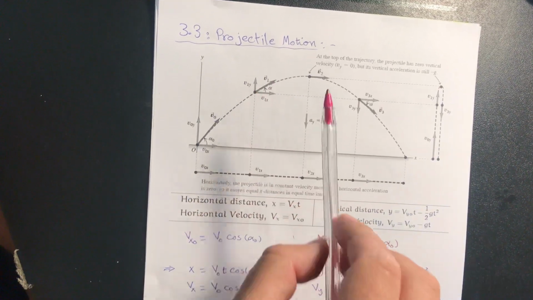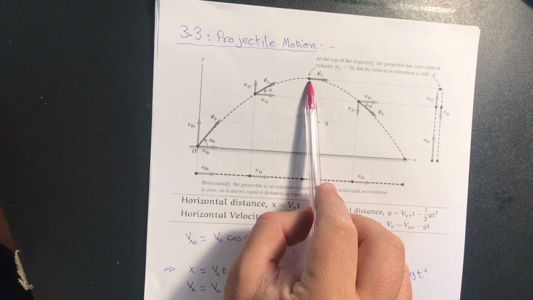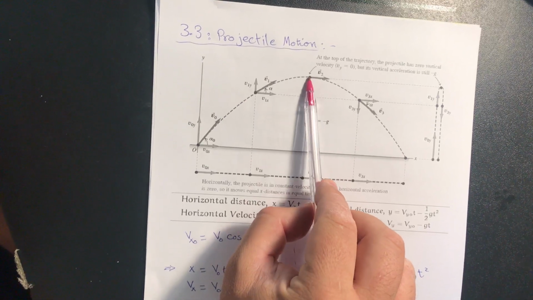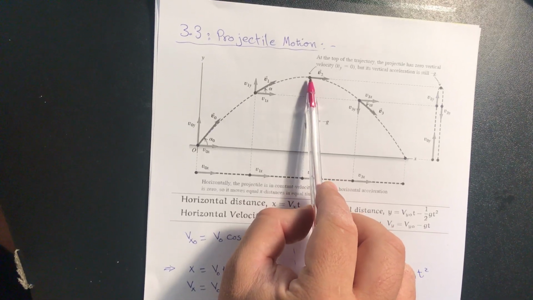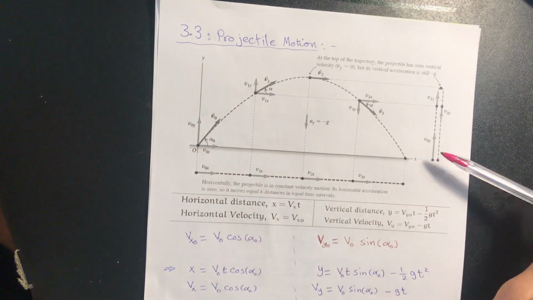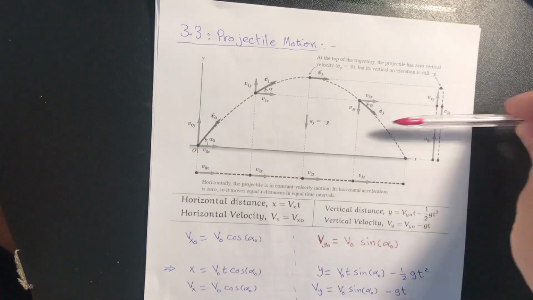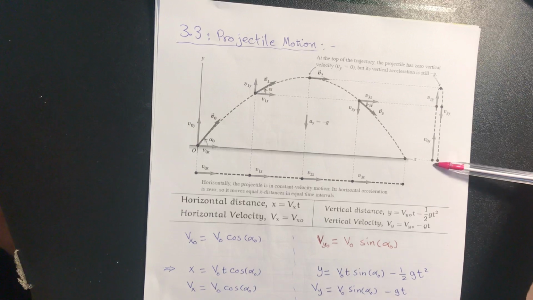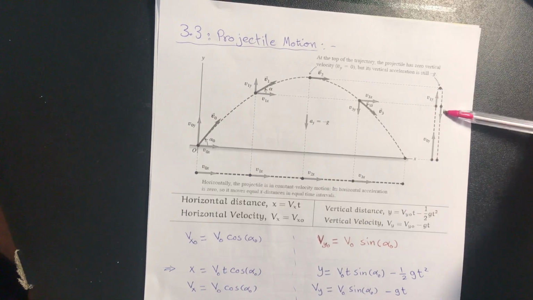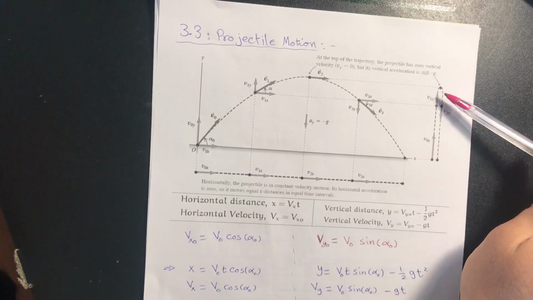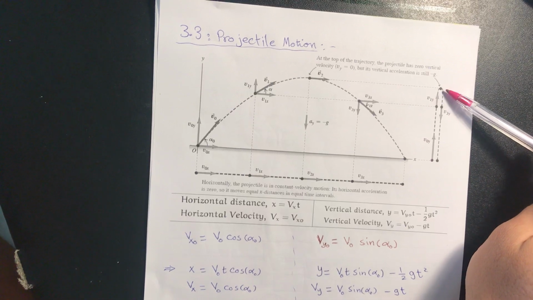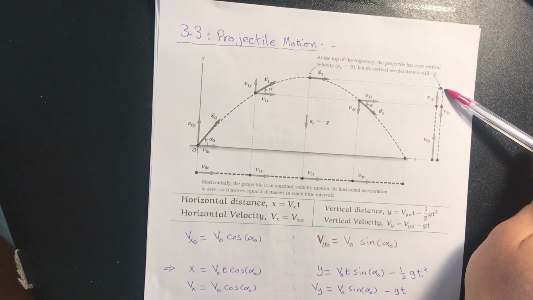For example, at the highest point, point number 2, the vertical velocity is 0. It is a returning point. If we look from this side at the motion, we will see just a body going up and then going down. At the upper point, the vertical velocity is 0, as we know from before.